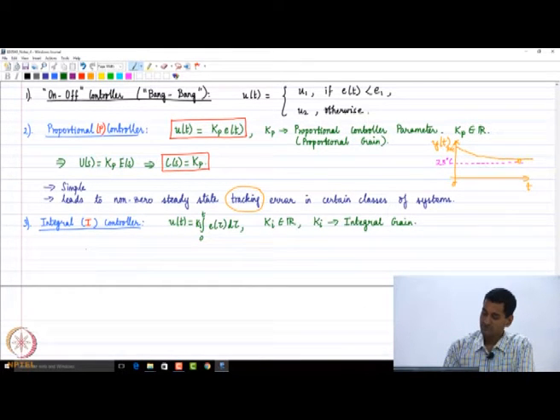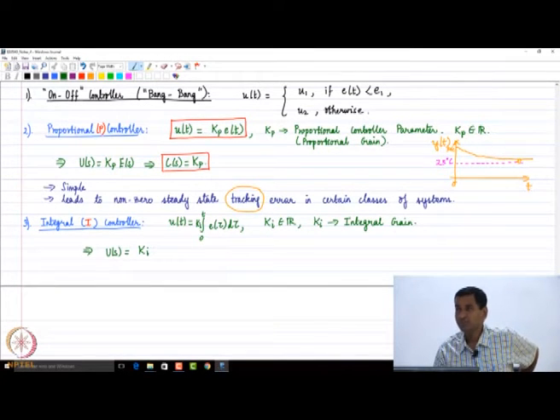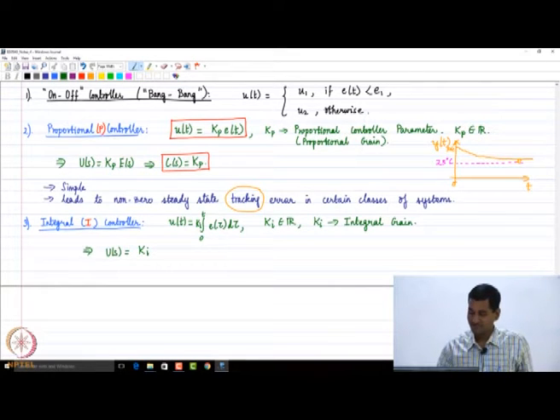Okay, so if we take the Laplace transform, what happens to this? If you use the real integration theorem, what is the Laplace of the integral from 0 to t of e(tau) d tau? E(s) by s, right? So 1 by s gets multiplied.